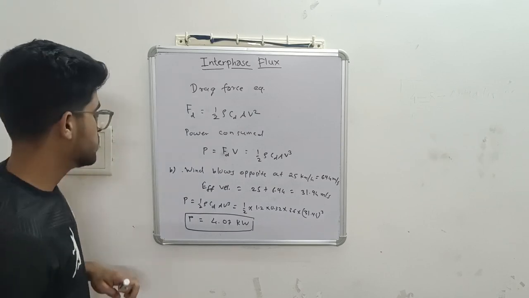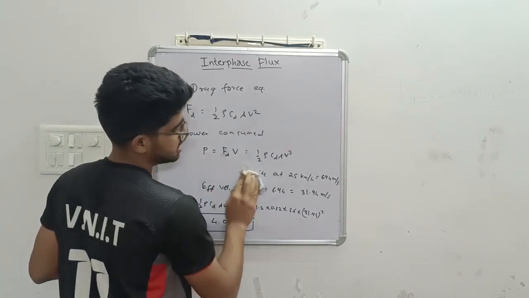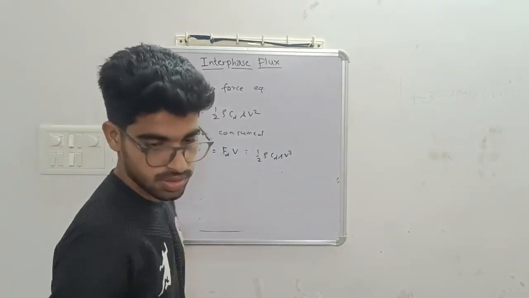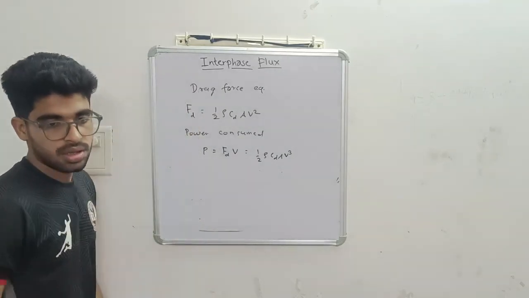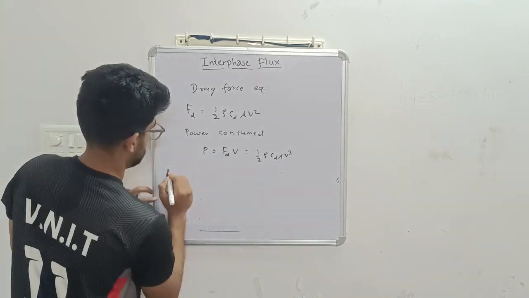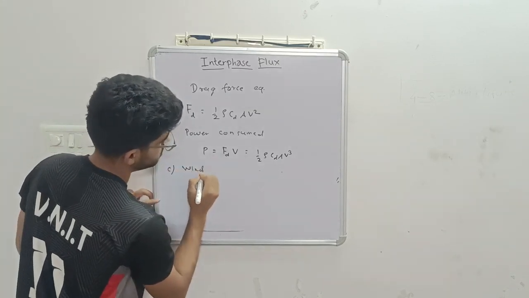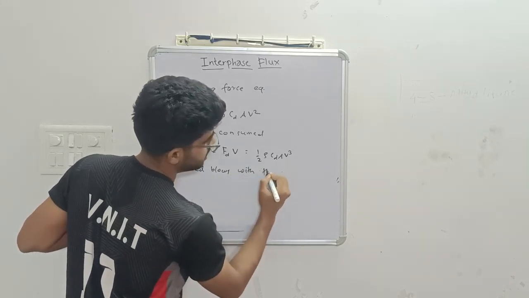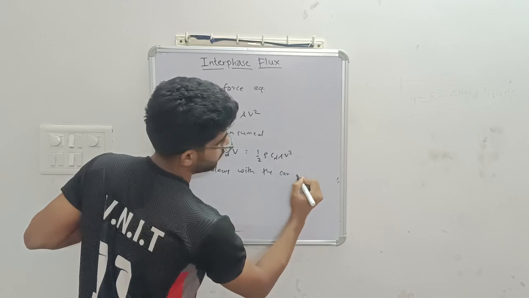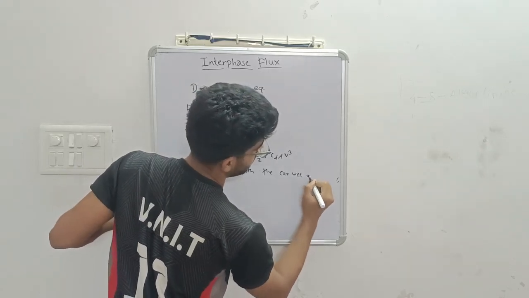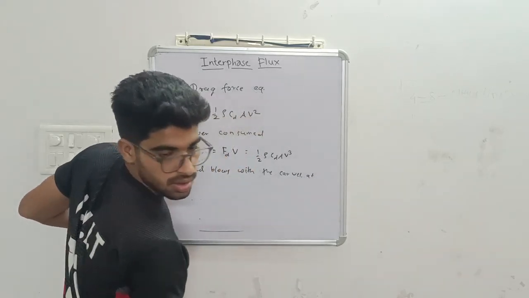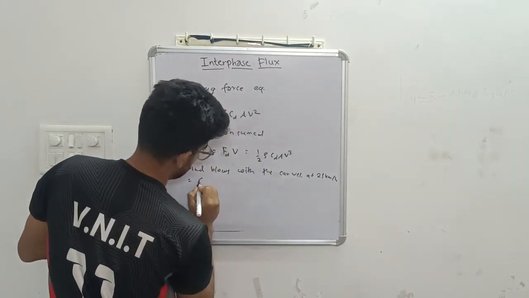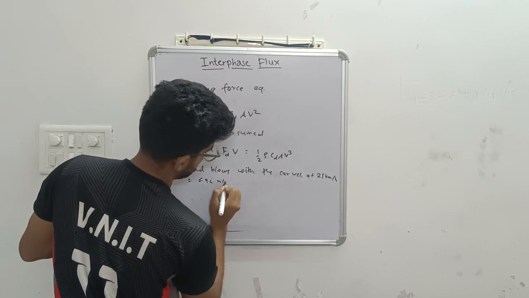Now, moving toward the last part of this question, which is part C. Wind blows with the car at velocity 25 km per hour, which is equal to 6.94 meter per second.